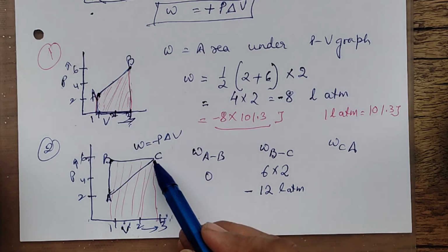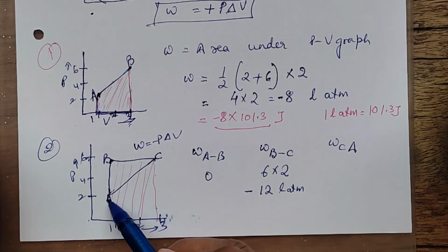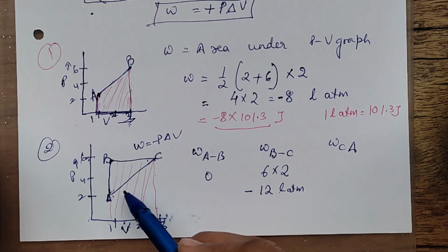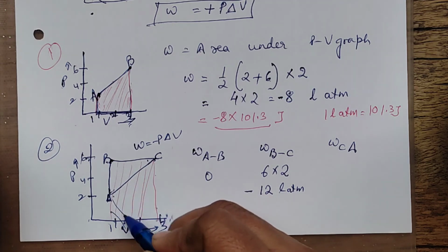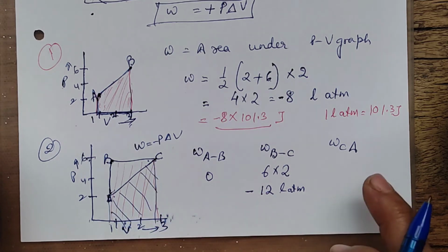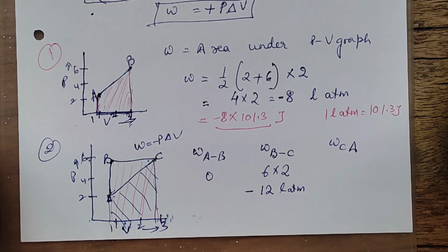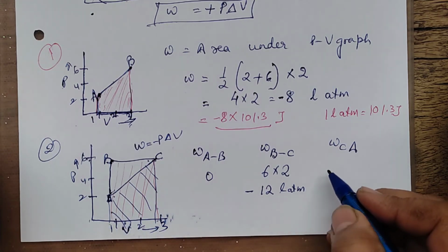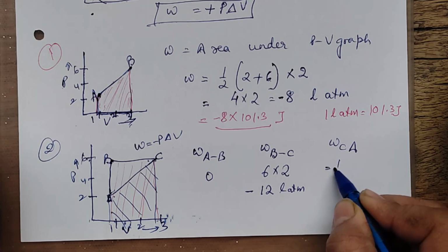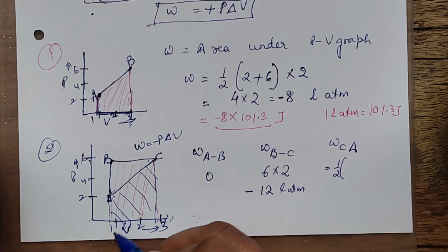In moving the object from C to A, it means the area below this. This area we have to calculate then. Under this line, the area. That will be the work done by the system in moving from C to A. So it's again a trapezium. So work done will be equal to half the sum of the two parallel sides, that is 2 and this is 6.